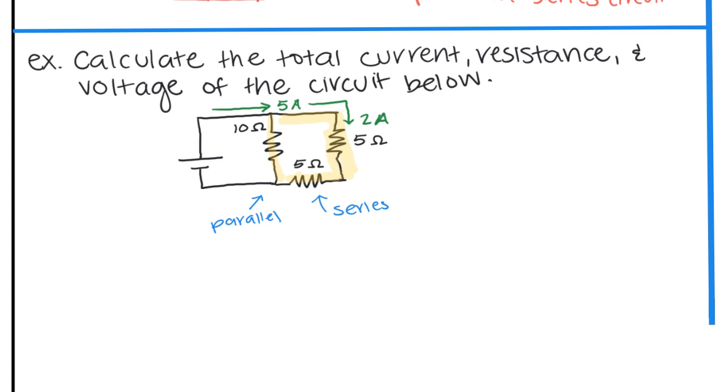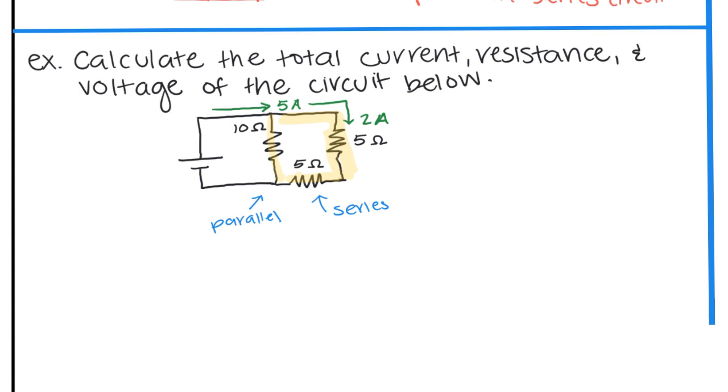Now, this one asked us to calculate the total current, resistance, and voltage of this circuit. Okay, so I want you all to notice that overall, this is a big parallel circuit. Now, we do have two resistors positioned in series in one of the branches of the parallel circuit.